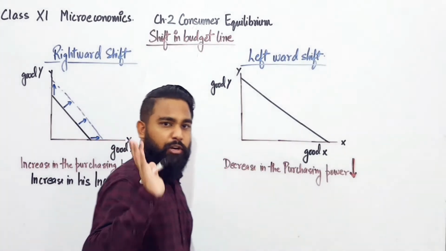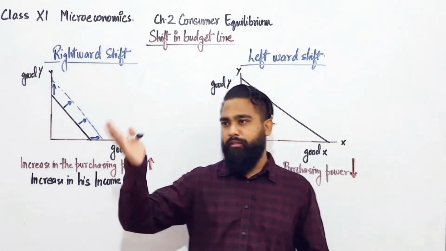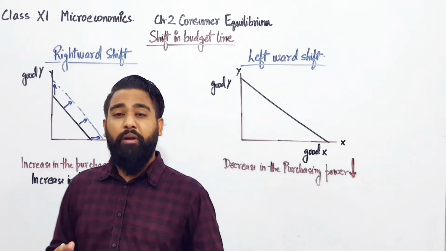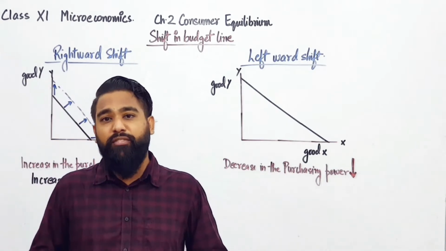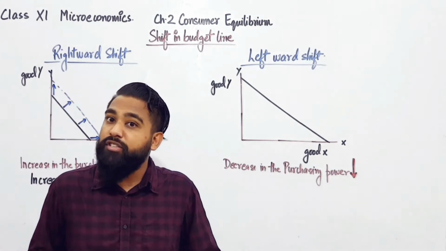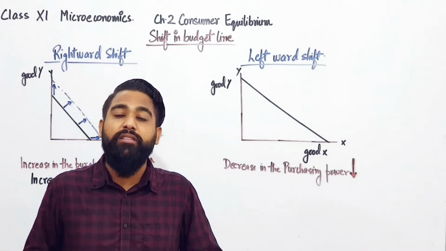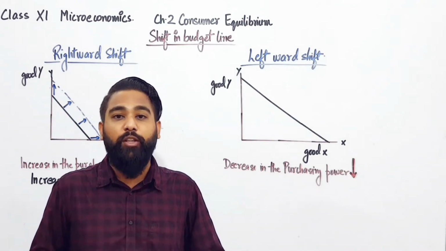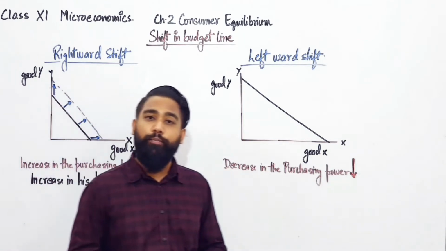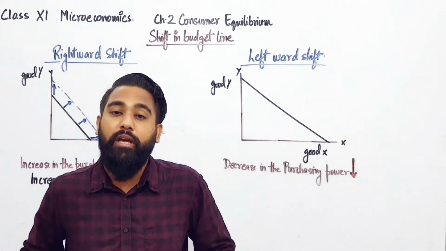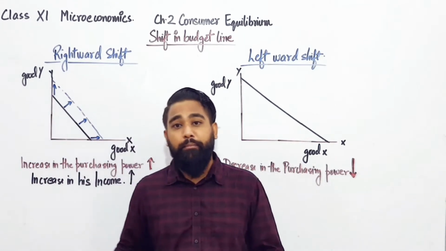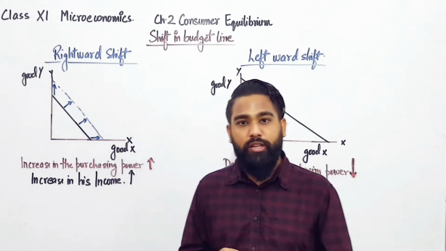He was given 20 rupees by his mom, and on the way his friend told him, do you know the prices of apples and oranges have decreased? The apple you were buying for 2 rupees is now 1 rupee, and the oranges which you were buying for 4 rupees are now available for 2 rupees. Now you can buy more apples and more oranges.